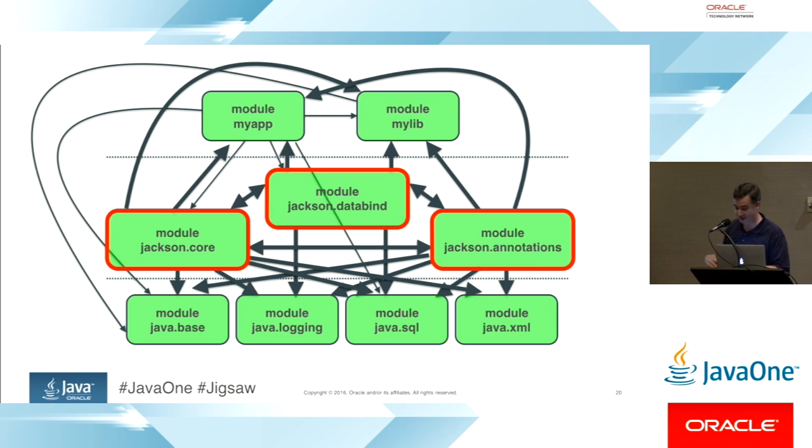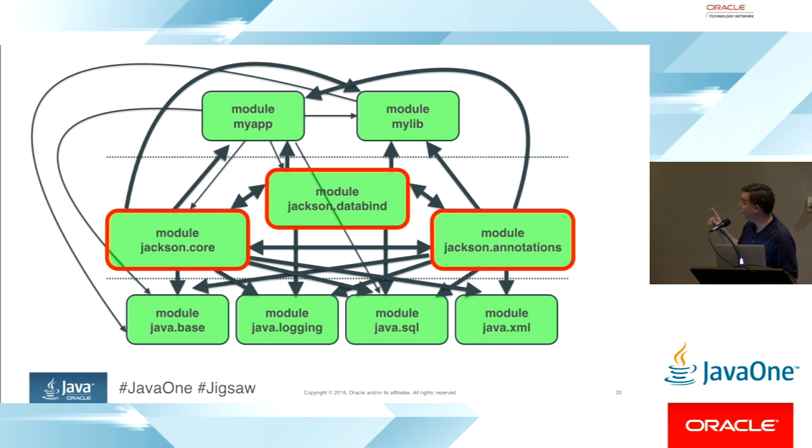But the overall graph is still pretty messy. But better than the class path because, for example, there is no arrow from mylib to myapp. So there is no danger of code in mylib accidentally reaching into myapp's internals.